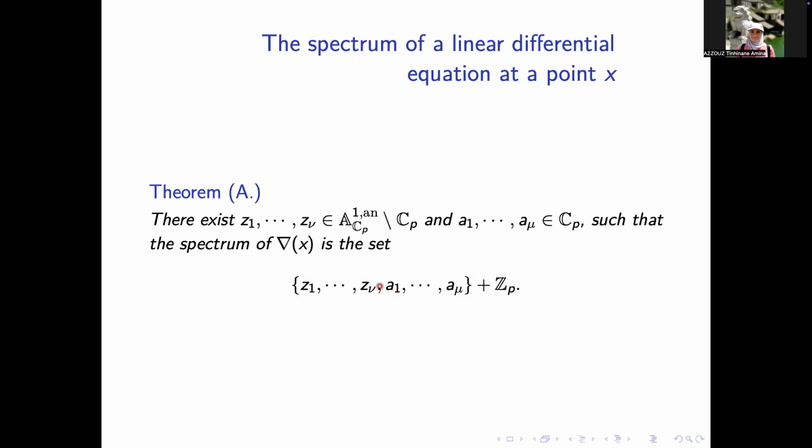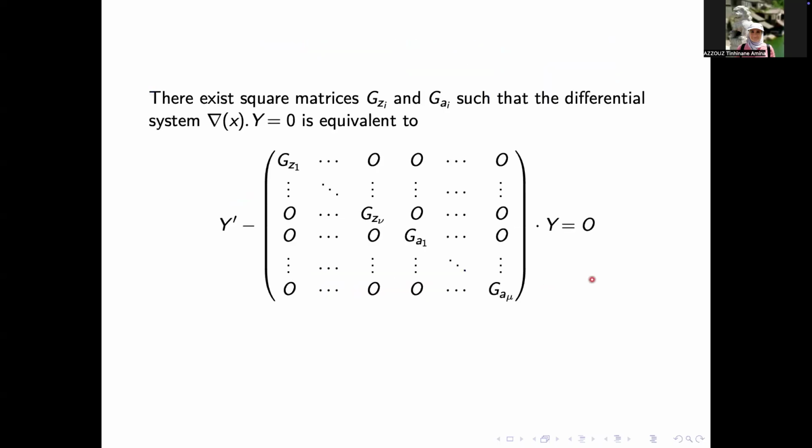This is just to translate. They will not give me more information. And the main idea is that for each point which belongs here, I can decompose. Here it doesn't make sense to say decompose, but let's say that there exists a basis for which my system can be expressed in this way.